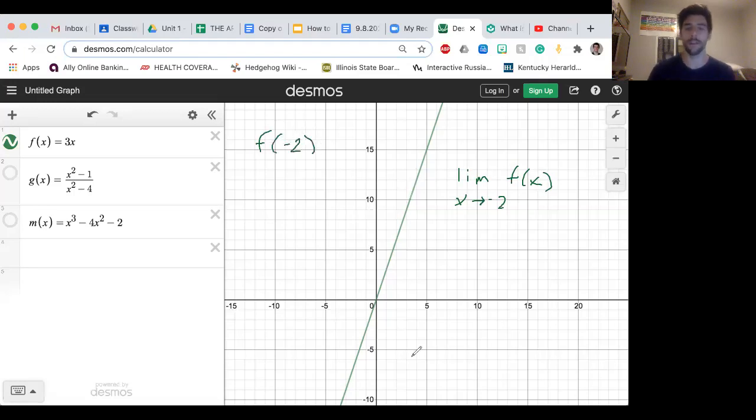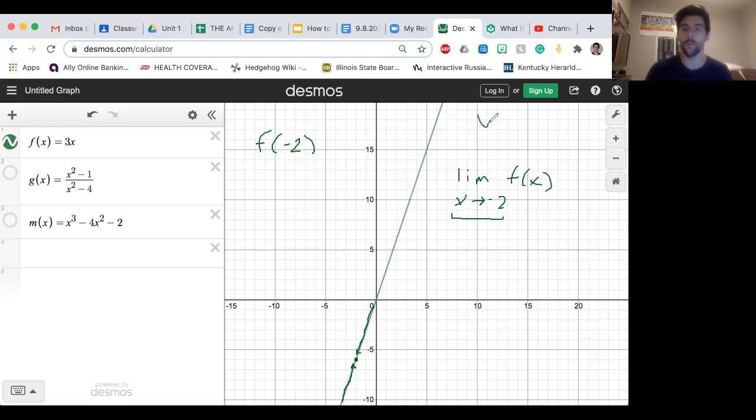To find that, we plug it in, we get this ordered pair: when x is -2, y is -6. Limit notation is asking a very similar question, but it's more cautious. If I approach -2 from the left side, or from smaller values, basically if I'm directly on the function, creeping up the function towards where x is -2, and then as I approach from bigger values, we're still asking the same question.